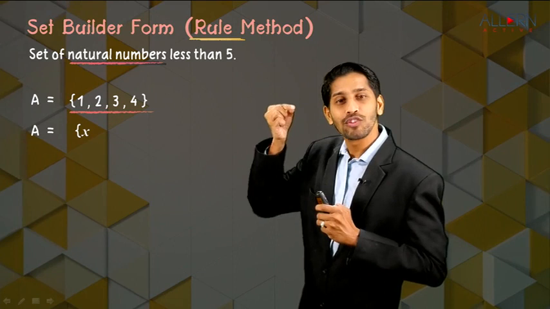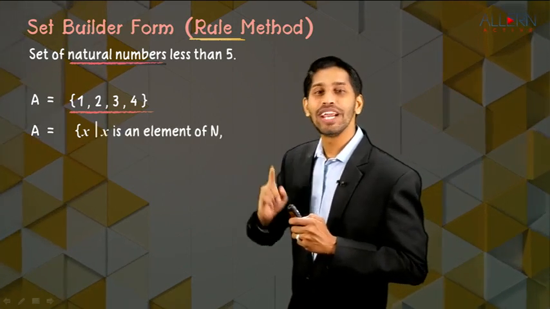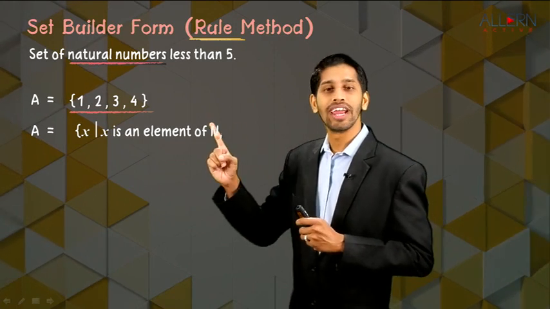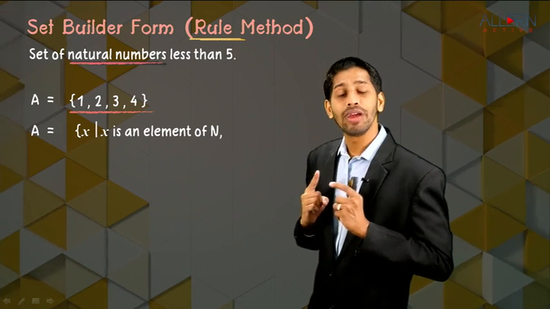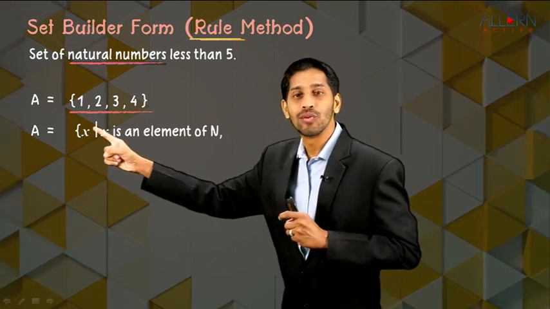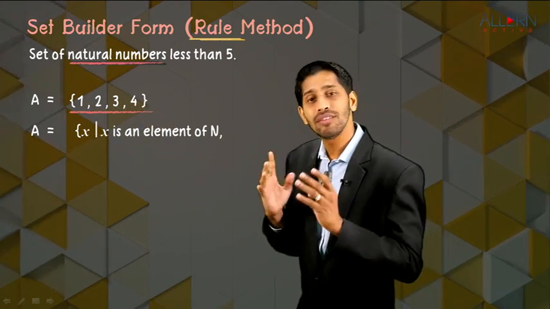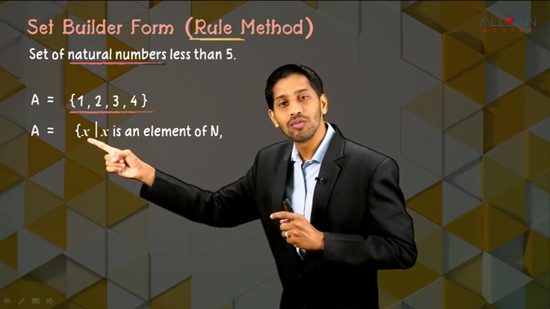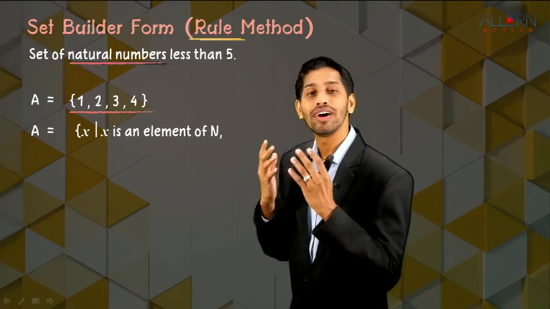So we put a small vertical line and we write x is the element of natural numbers, and we can denote the natural numbers by N. So whatever rule we have to make, we make it after this small vertical line, right? So this is x because we have assigned each of the numbers as x. So in every case we'll write x only, then we'll put a vertical line and then we'll assign a rule that x is the element of natural numbers.